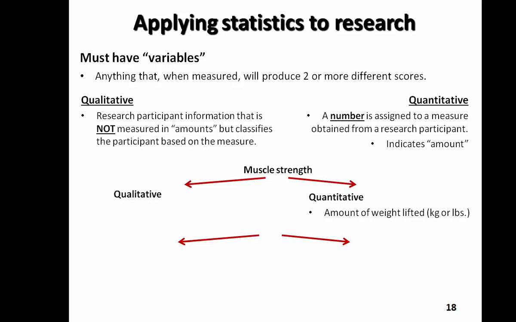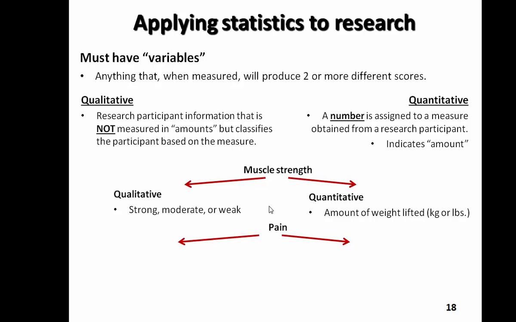Qualitatively, muscle strength in a research study can also be evaluated along very clearly defined descriptors, which includes strong, moderate, or weak. So based upon how the researcher defines the collection of the information qualitatively from the participant, they would be classified under one of these categories.